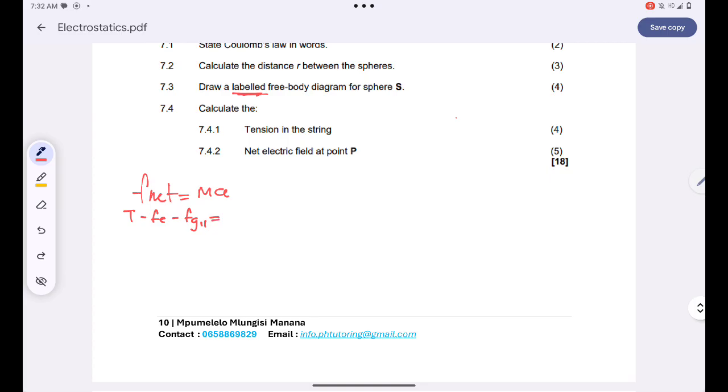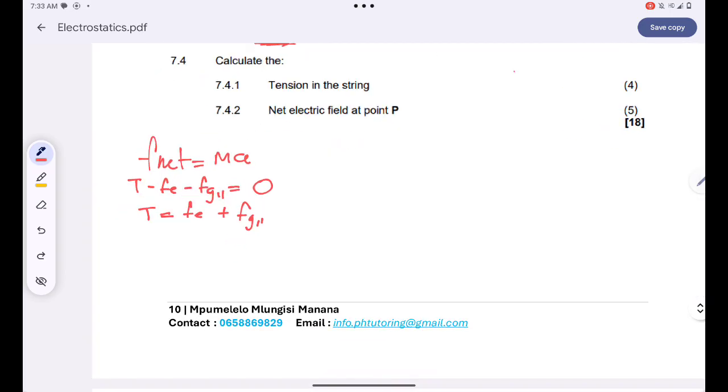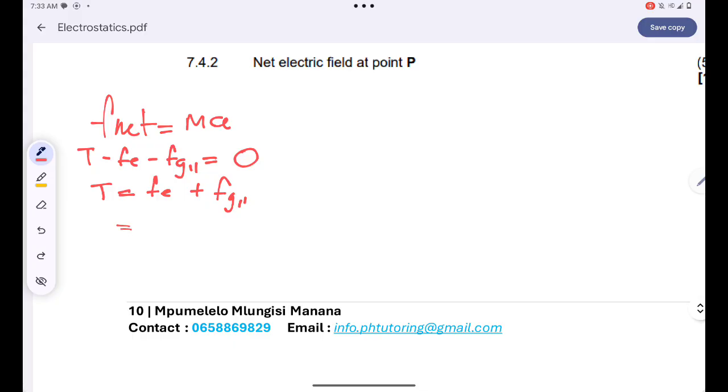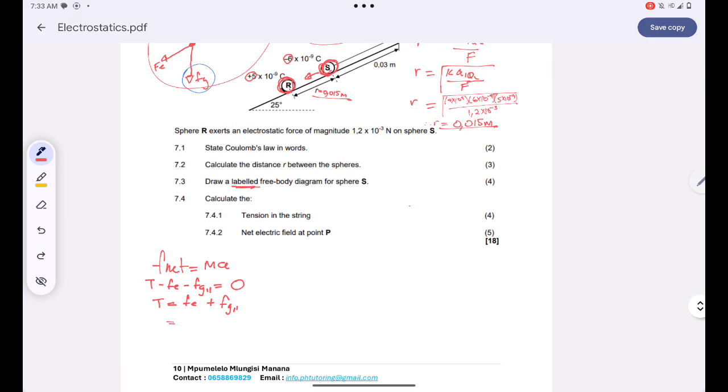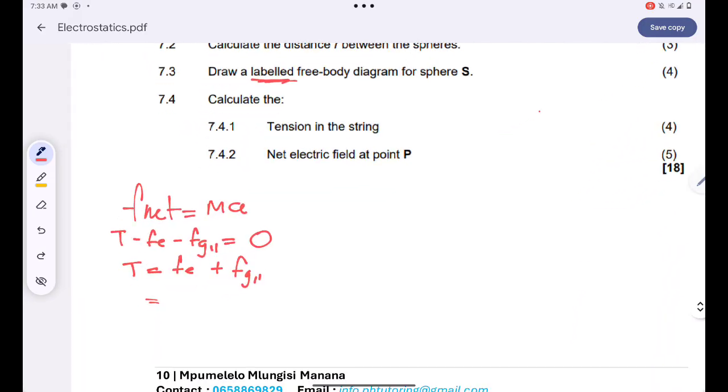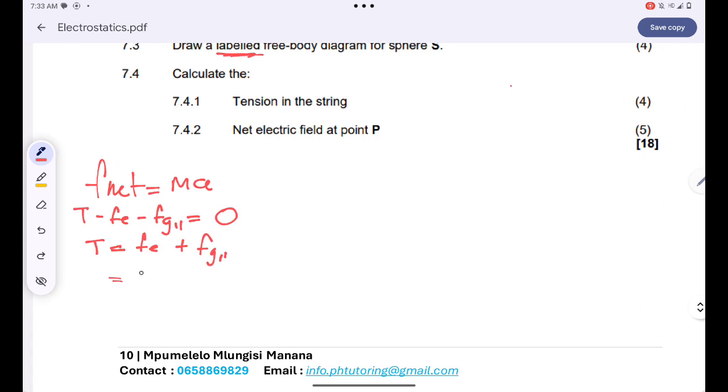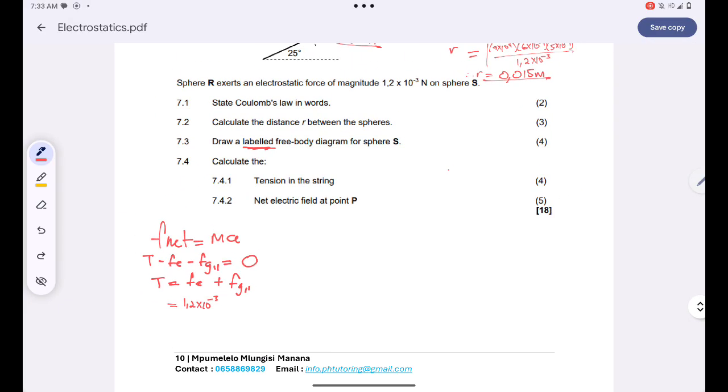Are you together? But my acceleration is 0 since the two spheres are stationary. So that will be 0 over there. And hence tension is just equal to electrostatic force plus Fg parallel. I was given the electrostatic force between charge S and R. Remember, the electrostatic force was 1.2 times 10 to the negative 3.